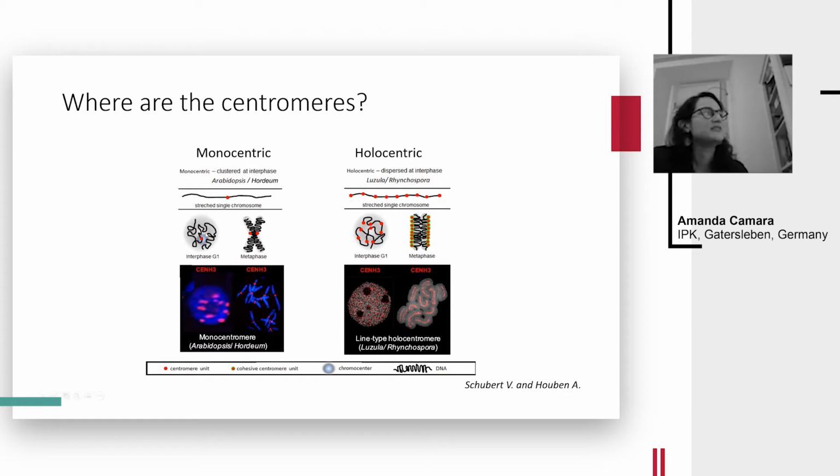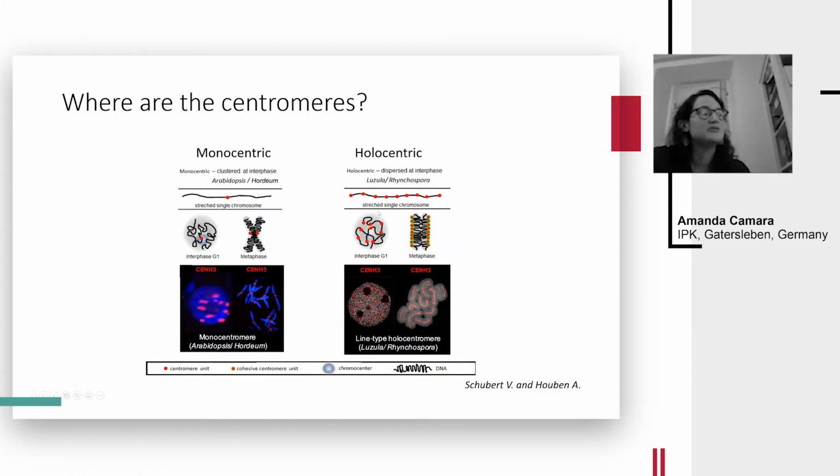So it's different in interphase and in metaphase. For monocentric chromosomes in interphase, there is a broad signal for this CENH3, but they are single signals for each chromosome, and then they are observed very sharply in metaphase.